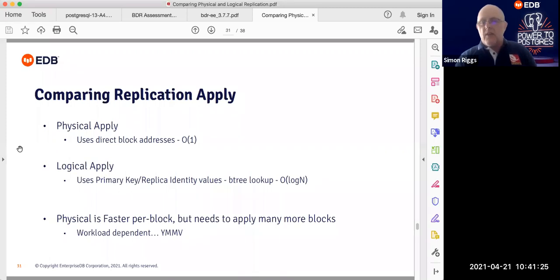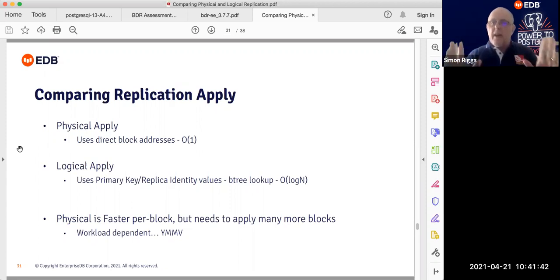I've said that that's got a complexity of O(1), meaning the time to access a data block is effectively constant, and we just go and get that data block and make that change.